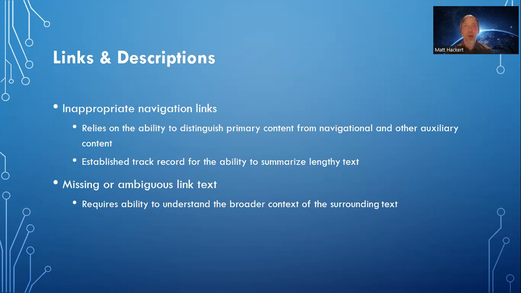But where this gets more challenging for AI is being able to look at a web page in whatever way it does, whether it's using computer vision to look at a fully rendered page or if it's looking at the code, but determining what content is navigational, what content is supplementary, and what content is actually the primary content and most likely to be of interest of somebody browsing the page.